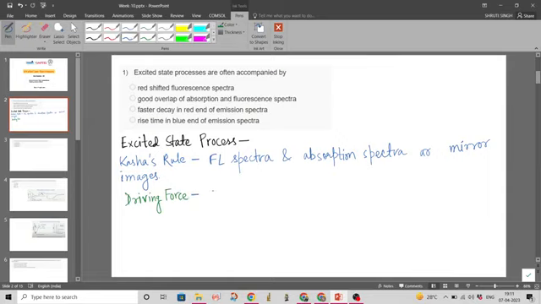So the driving force for excited state processes is the change in the electronic configuration.